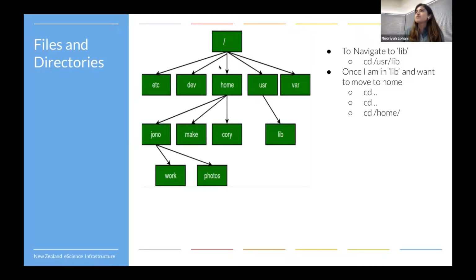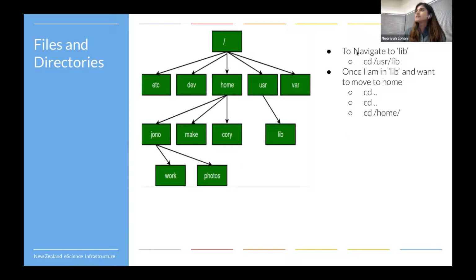From your root directory, you can navigate into directories like etc, dev, home, user, and var in this example. Inside directory home, we have 3 more directories, and inside directory user, we just have 1 directory. The other directories do not have any subdirectories in them. And inside this directory journal, we've got work and photos.